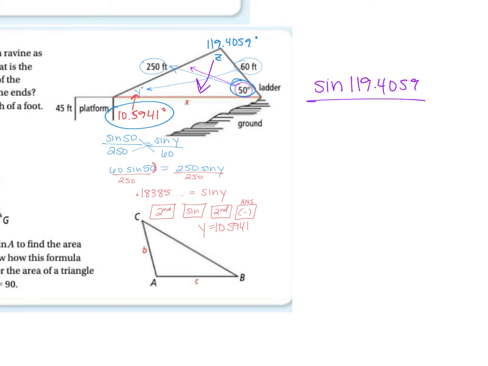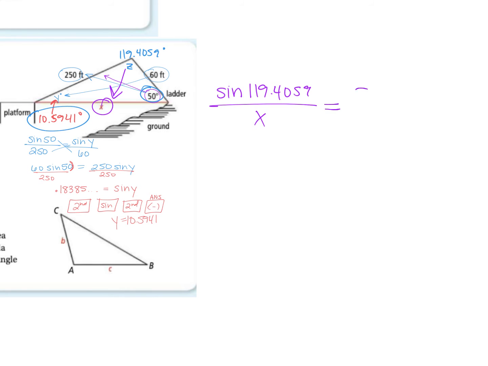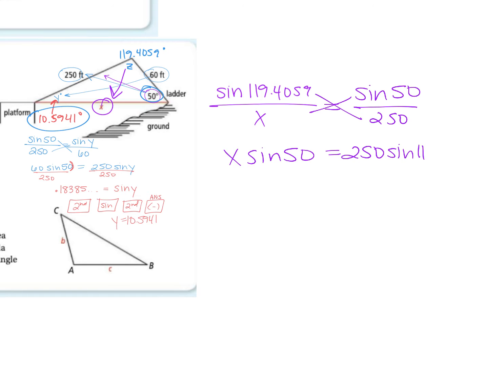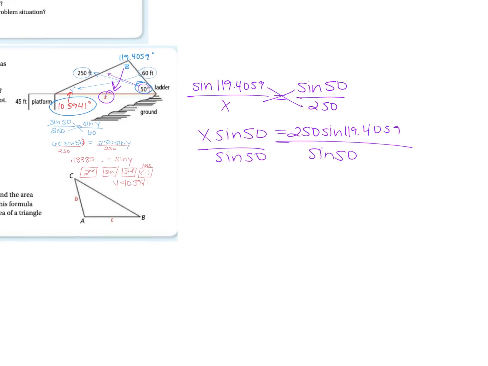Over x, the side across from it, equals the sine of 50 over 250. Now you can cross multiply it. So x sine 50 equals 250 times the sine of 119.4059. And then divide by sine 50, and you're done. Fancy, right?